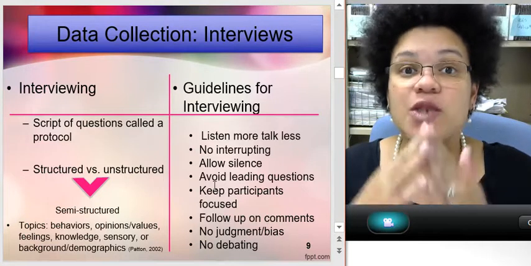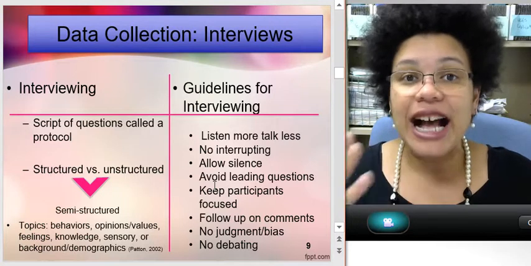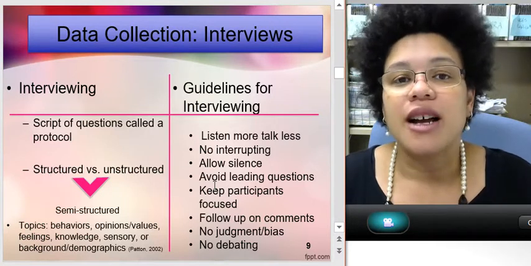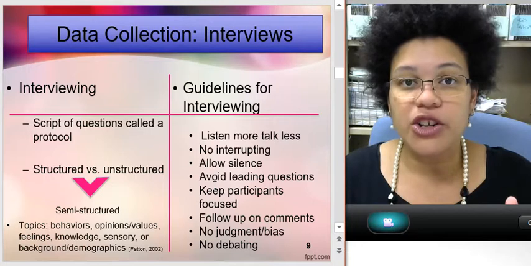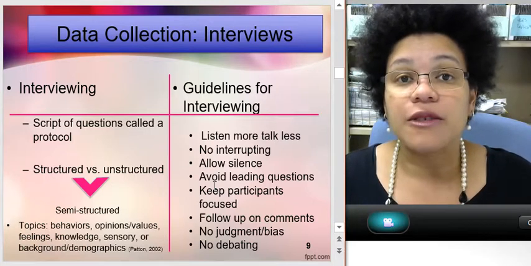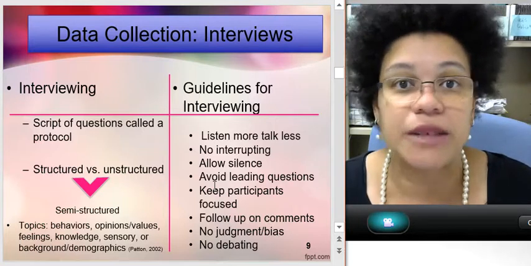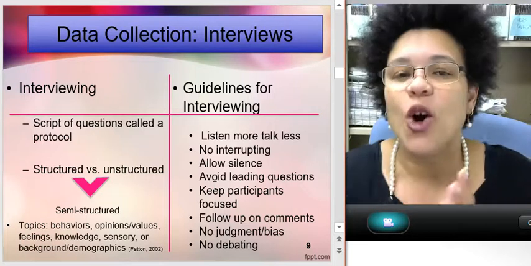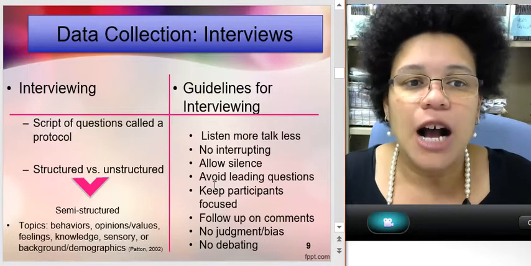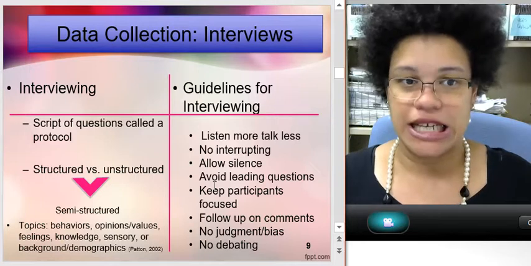Less structured is when you go in very open: hey, I'm here to learn more about how to be an effective teacher of students of color with disabilities. Can you tell me about that? Okay, I'm very open. But there are some guidelines that really help you get good data.